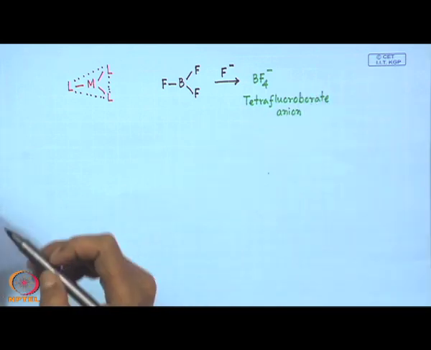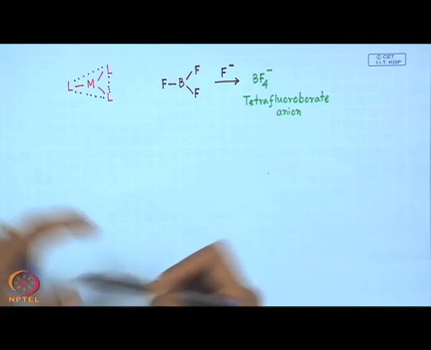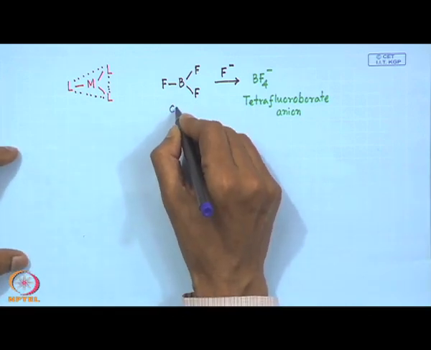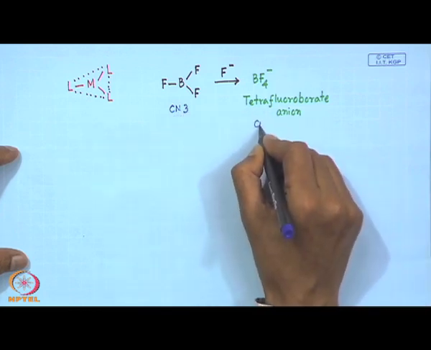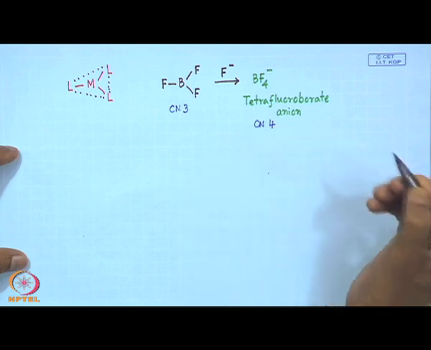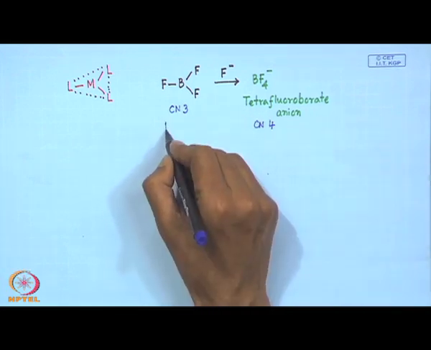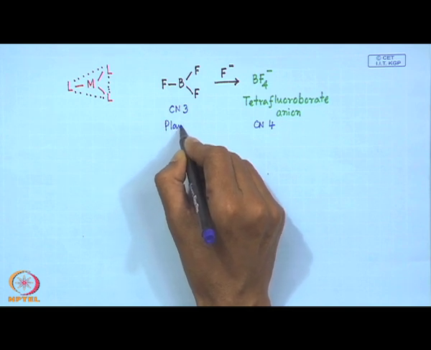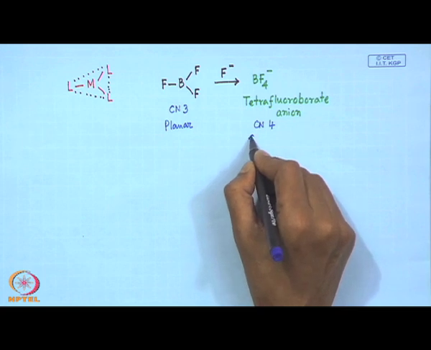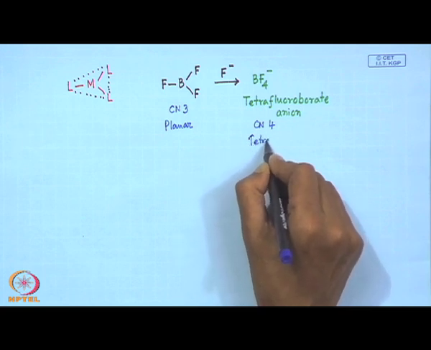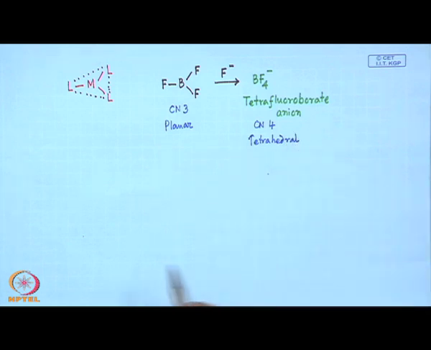This tetrafluoroborate anion has a different geometry and its coordination number is also changing. So, if we have a coordination number of 3 on the left, we can have a coordination number of 4 on the right. So, this is therefore a planar geometry and this is a tetrahedral one.